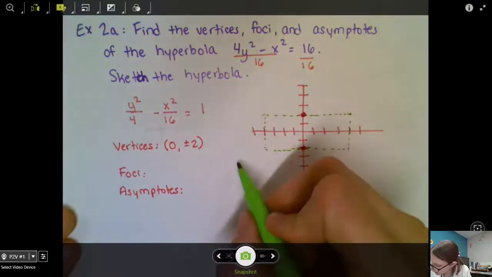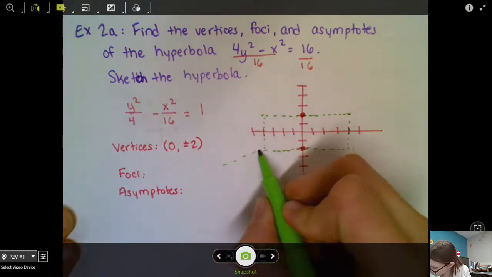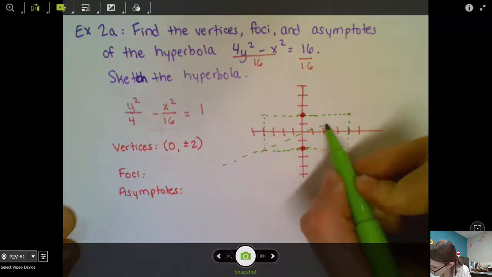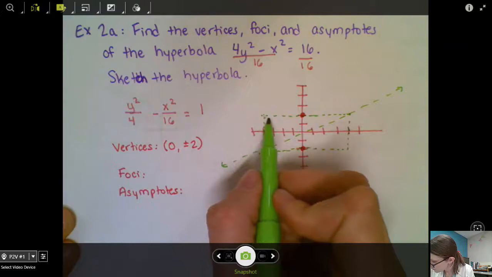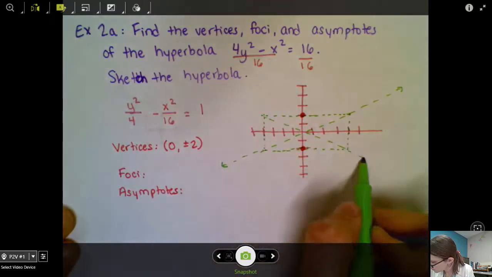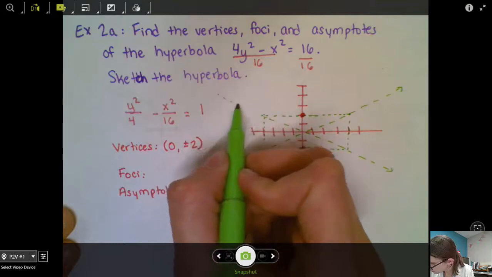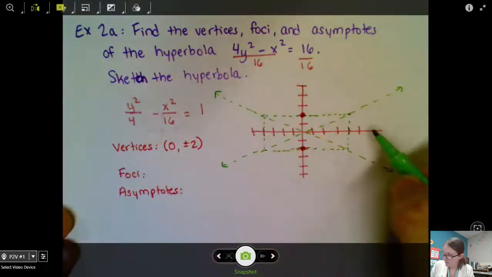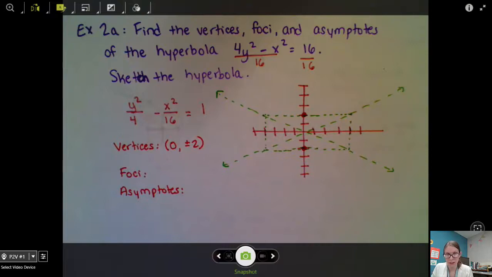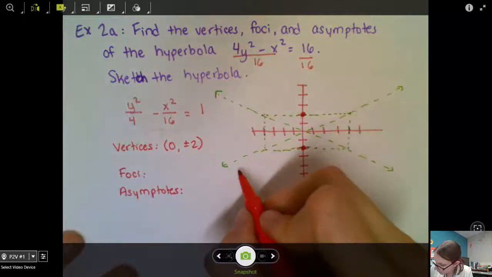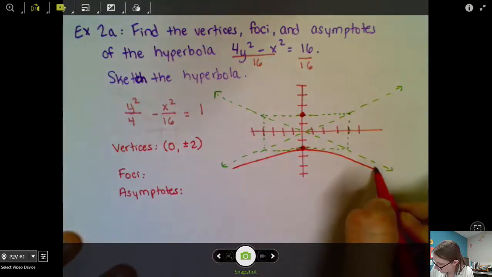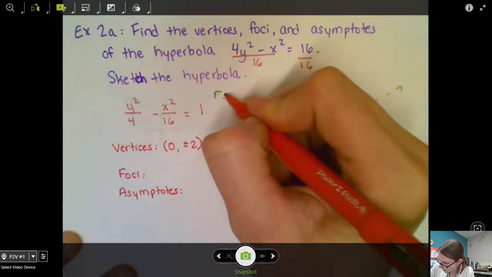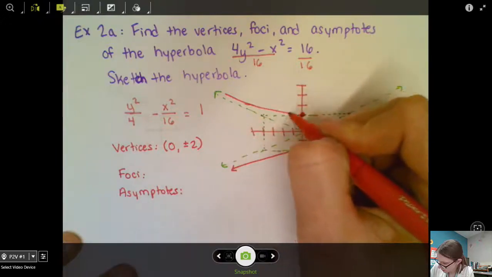And these diagonals of our central rectangle is where we get the asymptotes for our hyperbola. And knowing that alone actually gives us a really good sketch of what our hyperbola is going to look like, because we know we have our vertices here, and we know we have the asymptotes. So our hyperbola has to follow those asymptotes along the way.